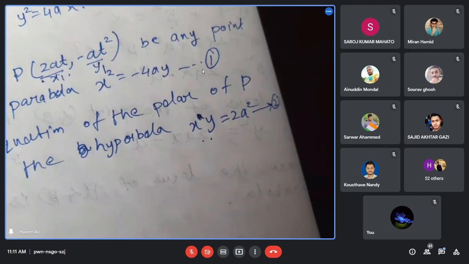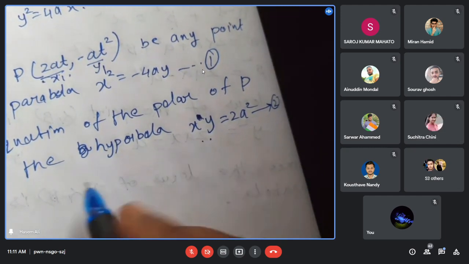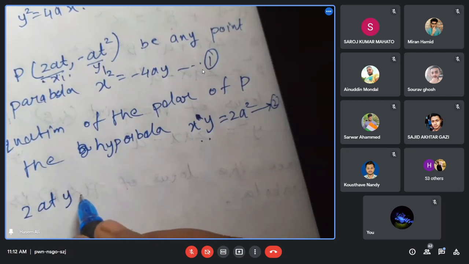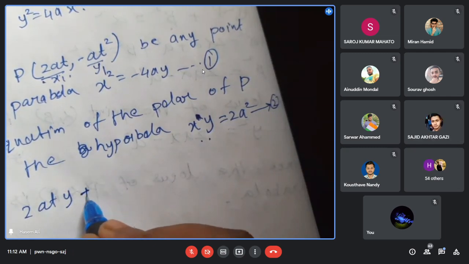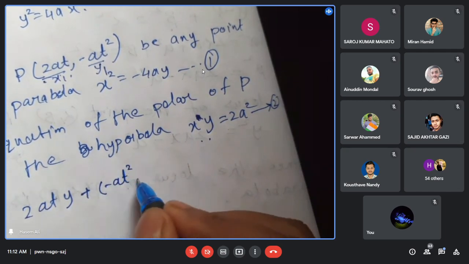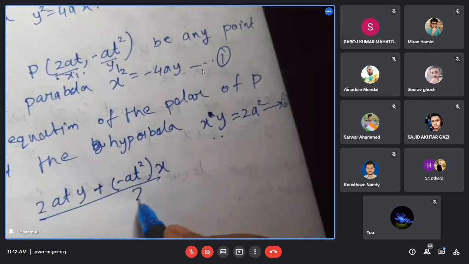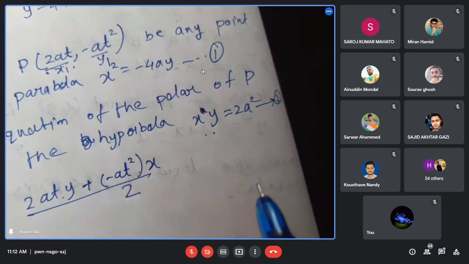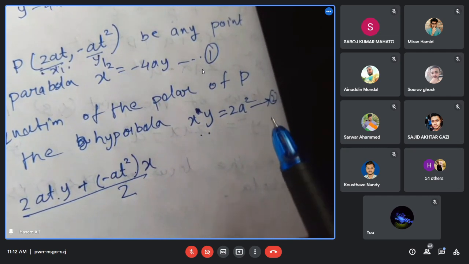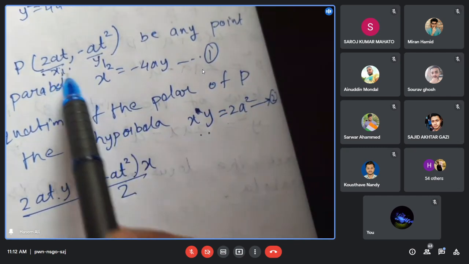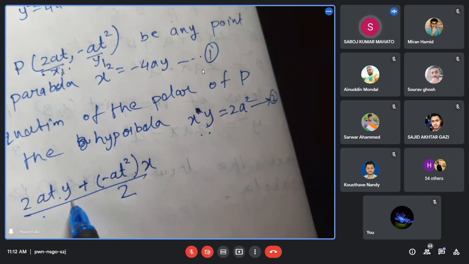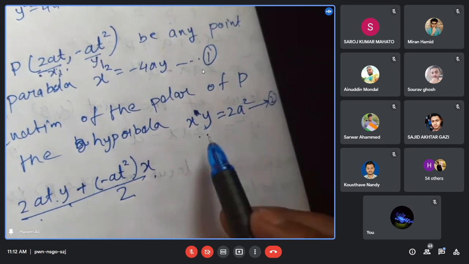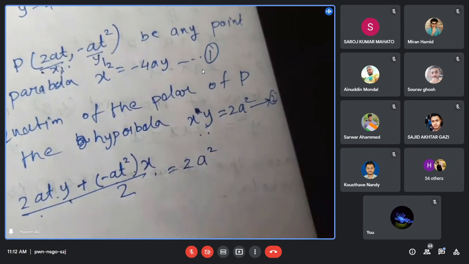So 2at into y plus minus at square into x, divided by 2, because the formula is 2xy. So x1 y plus y1 x divided by 2 equals 2a square. This is the equation of the polar.